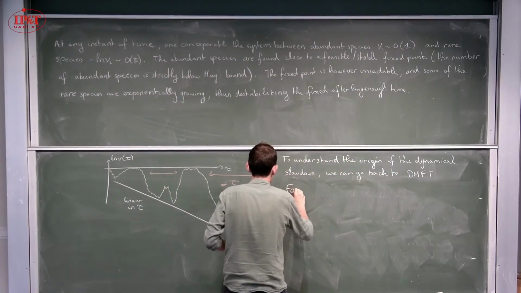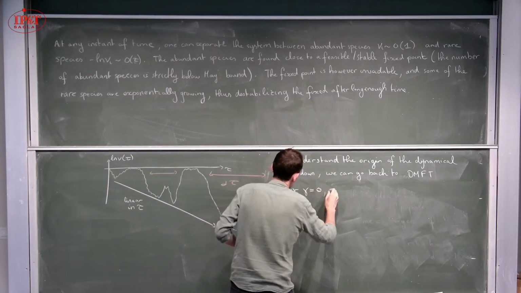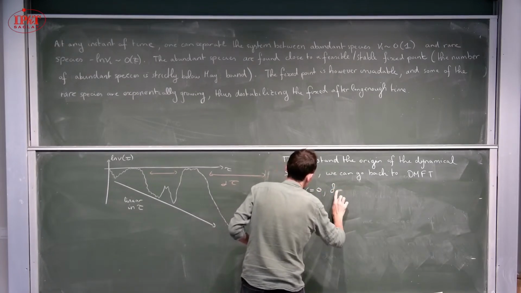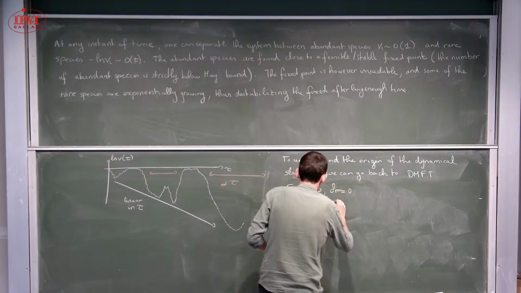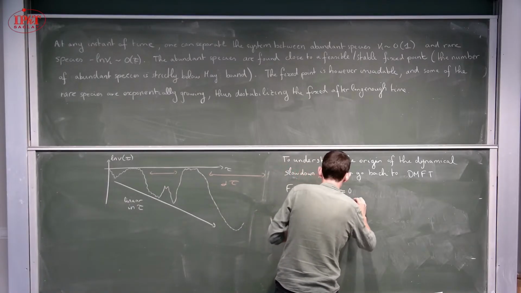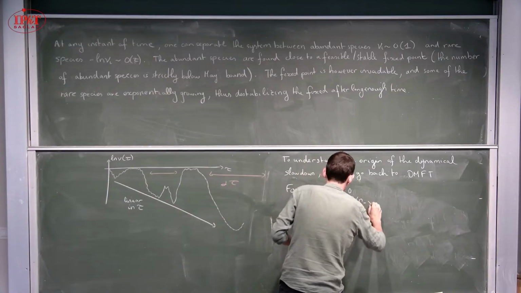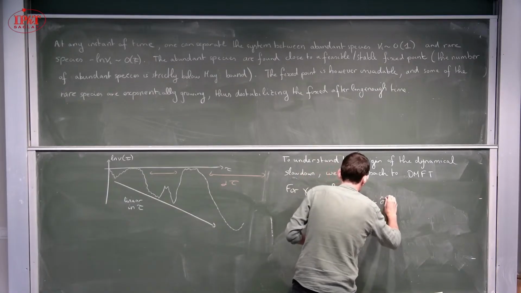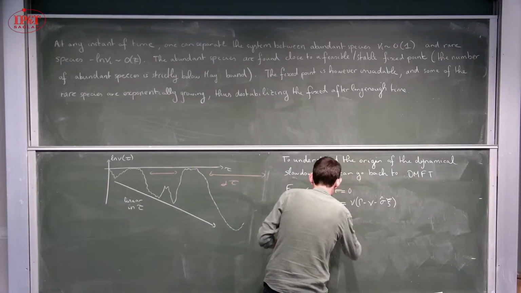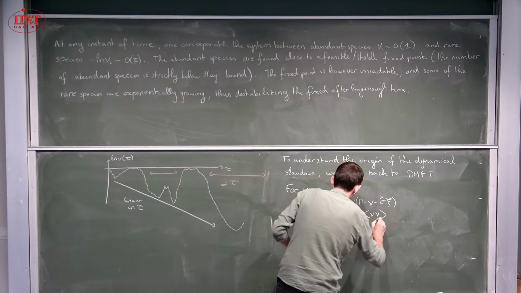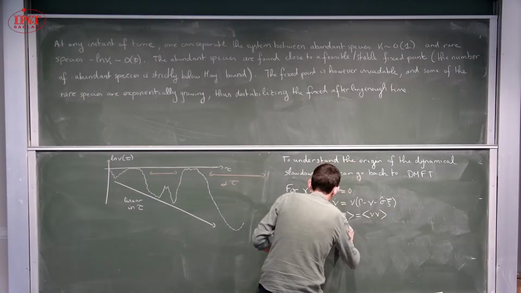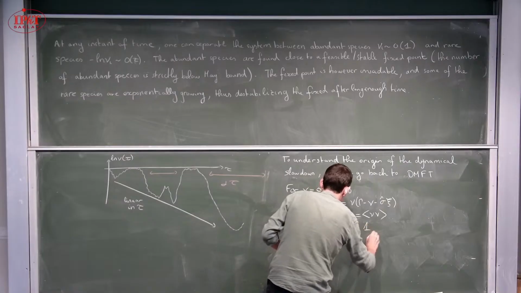In the simplest setting, for gamma equal to 0 and delta R equal to 0, what we found was this: nu dot is equal to nu, gamma minus nu, minus sigma xi. The correlation function of xi is equal to the correlation function of nu, and nu is equal to 1. So that's the simplest setting.